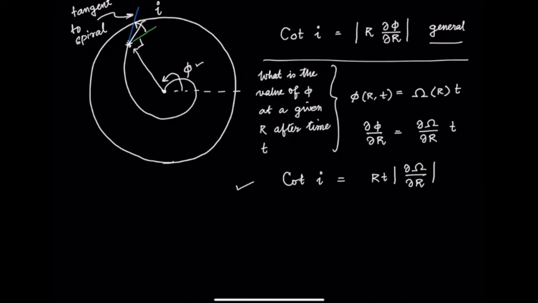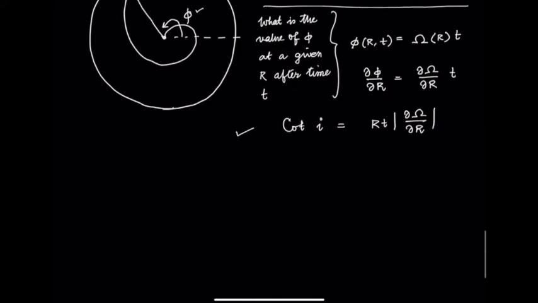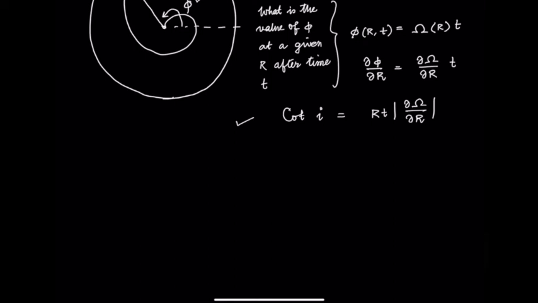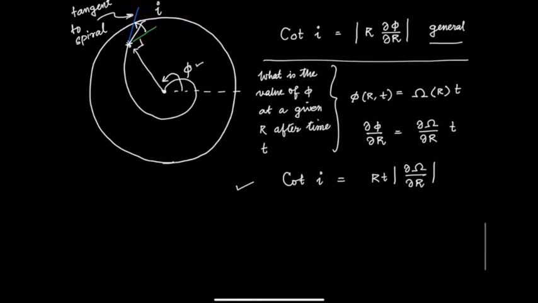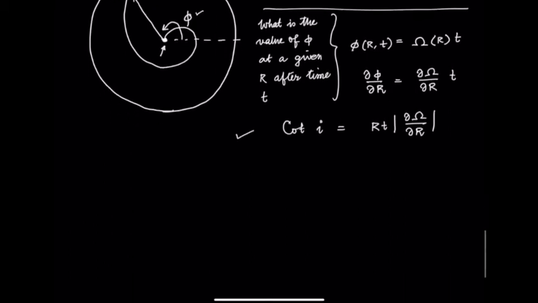Now what you can do is look at a particular spiral arm and see what will happen. As you keep on going, this end will keep on rotating and this end will not rotate at all. So this end will stay there and this will keep on rotating, so it will keep on winding up.